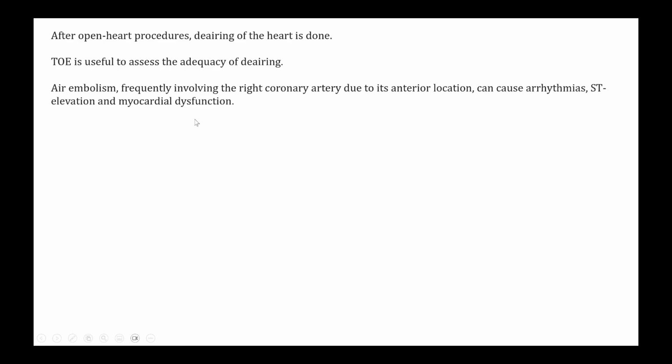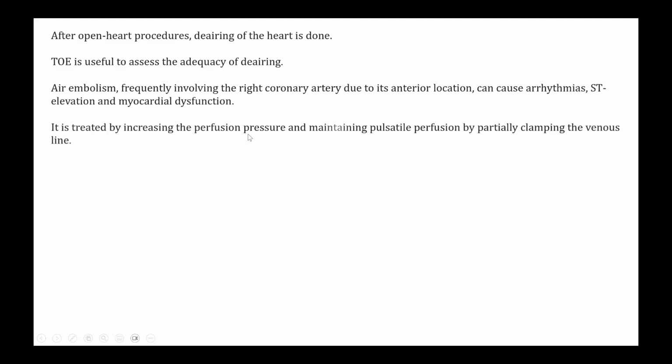Air embolism frequently involves the right coronary artery due to its anterior location and can cause arrhythmias, ST elevation, and myocardial dysfunction. It is treated by increasing the perfusion pressure and maintaining pulsatile perfusion by partially clamping the venous line.